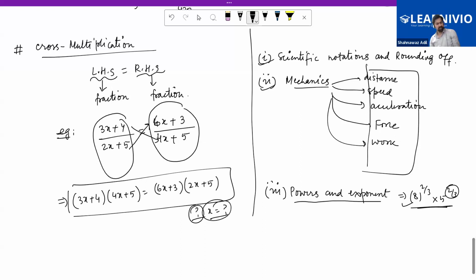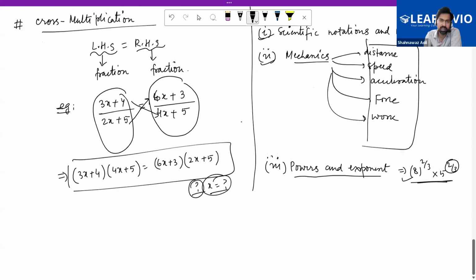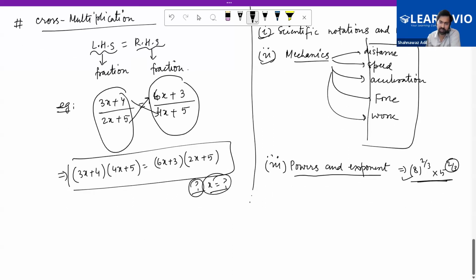Please solve this one and then we'll stop. To solve this portion, you require the idea of the distributive property, right? Tell me what is the solution of x that you get.